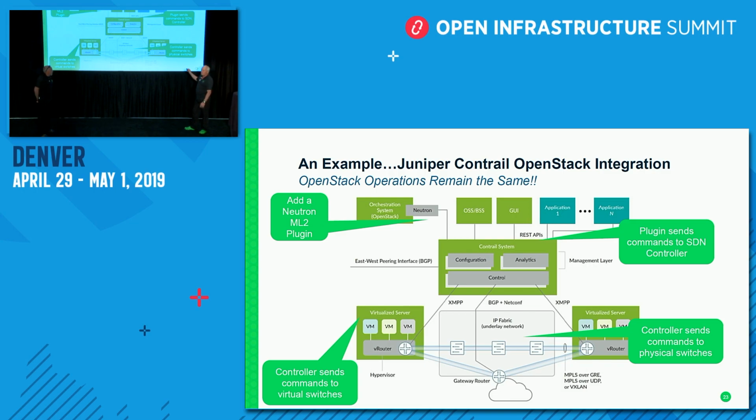So part of the setup for the Contrail system is to set up your policies and all the things that you want to offer as far as networking within Juniper Contrail. This Neutron plugin takes the calls that come in to OpenStack, routes them into the Contrail controller, and it basically sends these various requests down to the physical switches and also to the virtual switches.